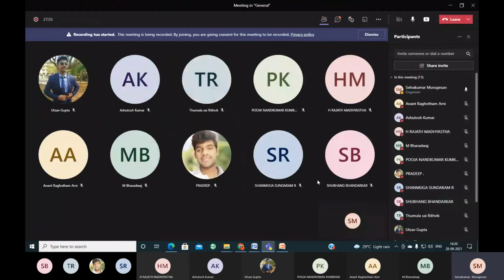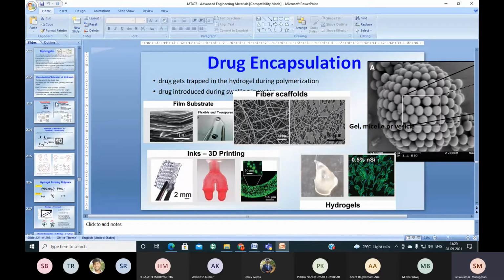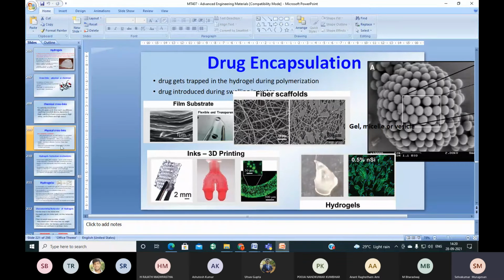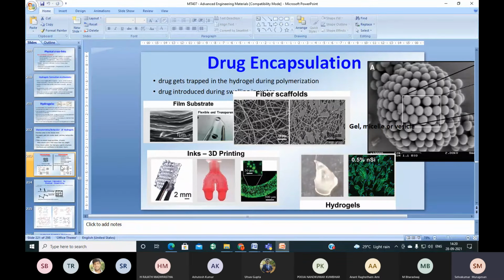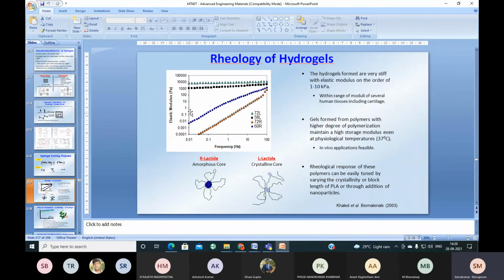I hope you are aware of shear thinning, shear thickening, all those things, right? Yes sir. Okay. In fact, one of the slides I showed you shows how to visualize the hydrogel mechanical properties. Here, this is shear thinning or shear thickening.